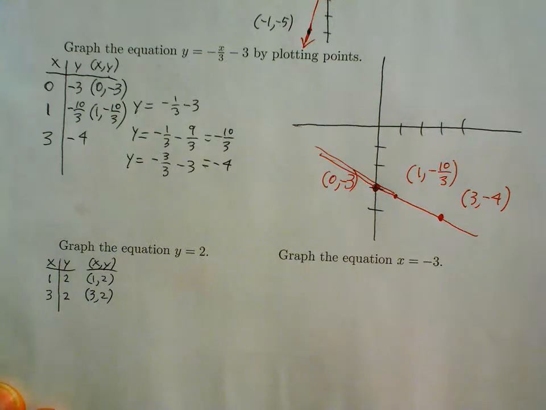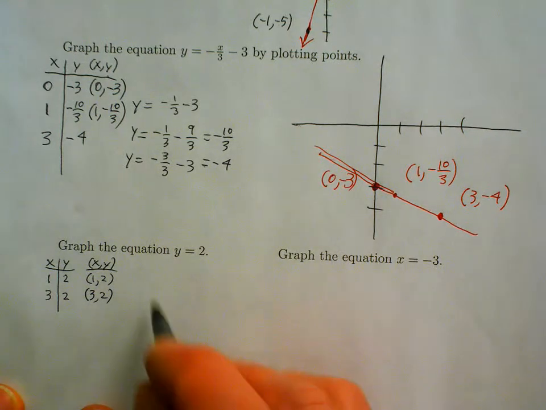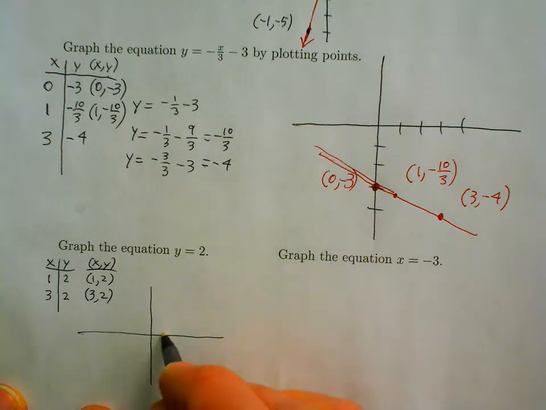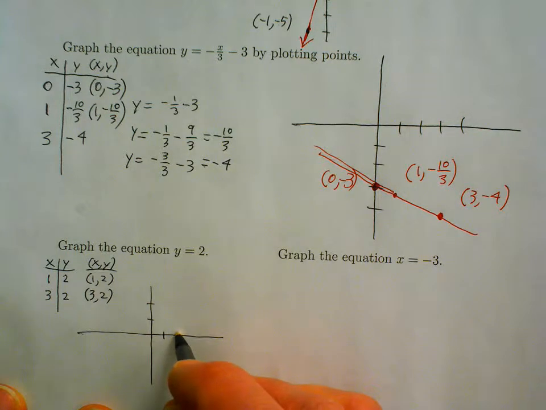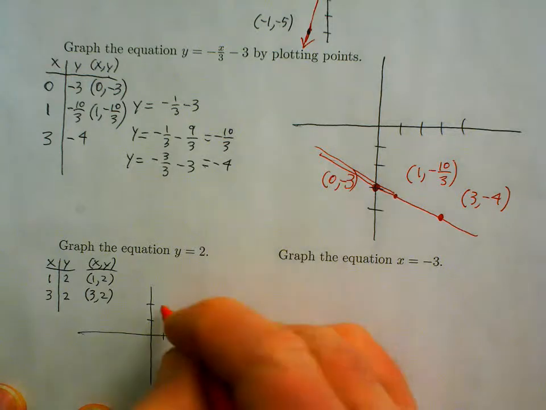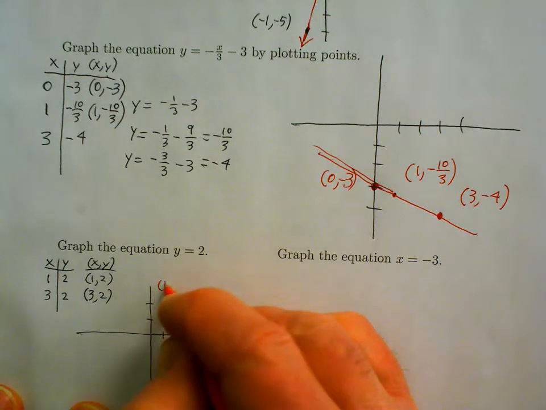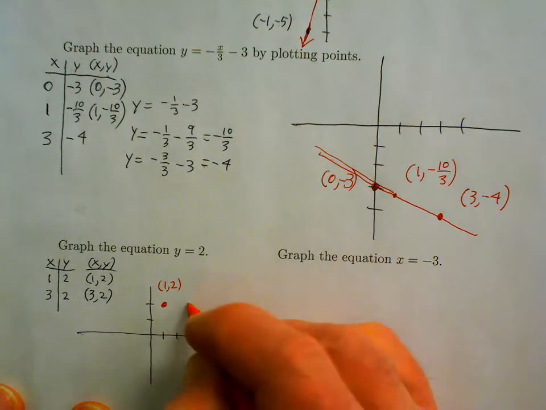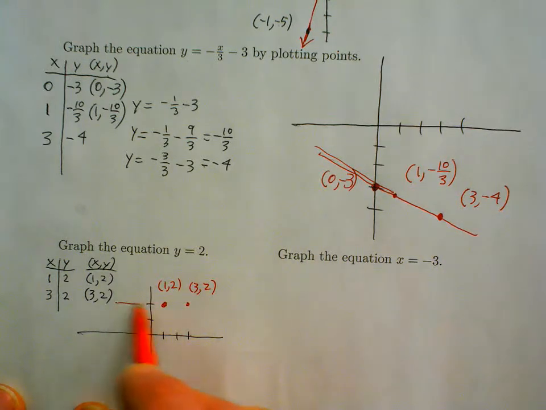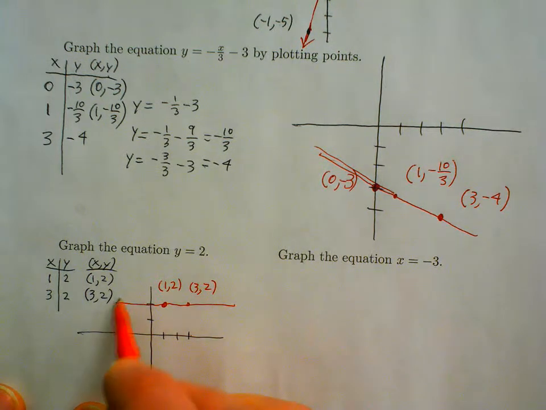So what kind of line is this in the xy plane? Yeah, it is a horizontal line. Okay, so the ordered pair 1, 2, the ordered pair 3, 2, is a horizontal line.